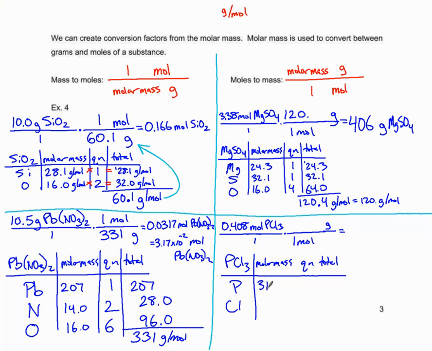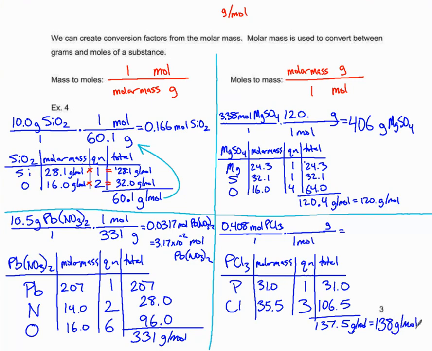Phosphorus rounds to 31.0, chlorine 35.5. 1 phosphorus, 3 chlorines, and then add them together. 137.5 grams per mole, and let's go ahead and round it to 3 significant figures. 138 grams per mole, and that number will go here, 138.